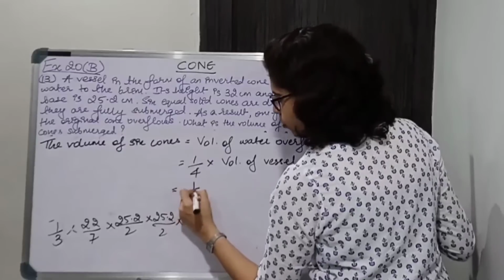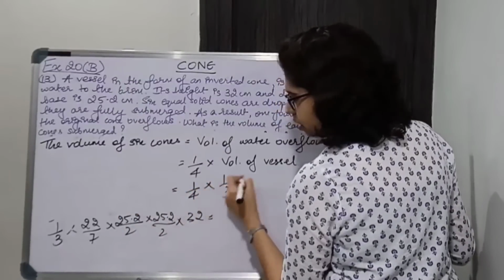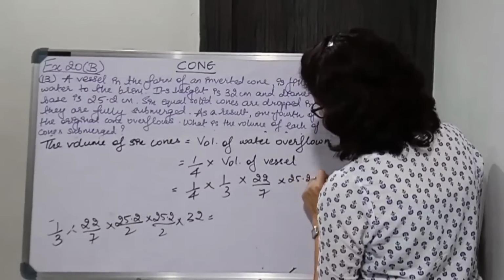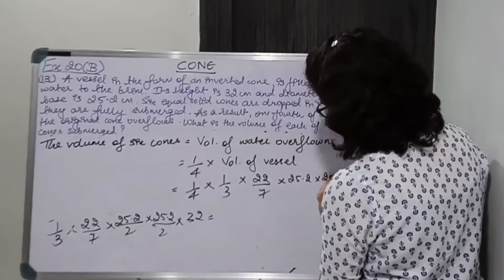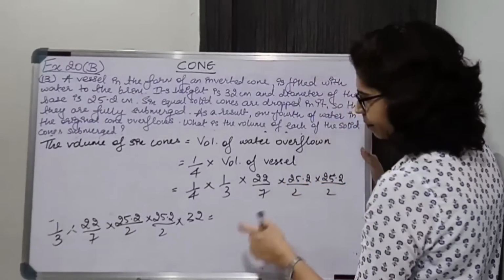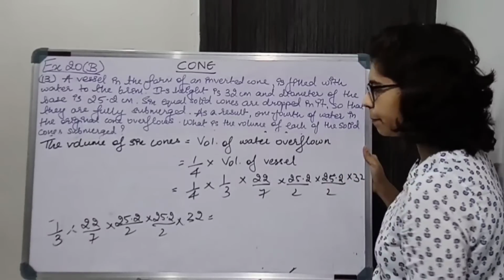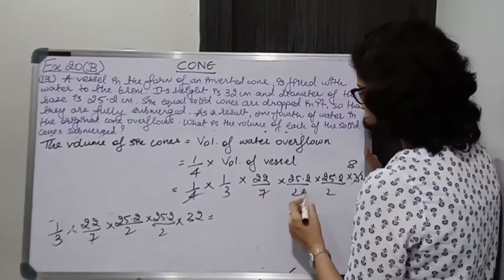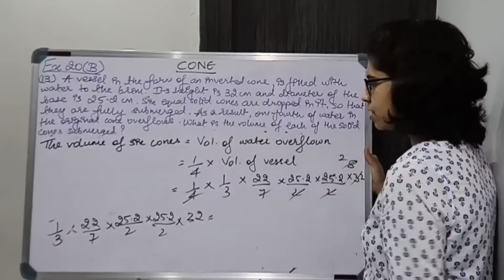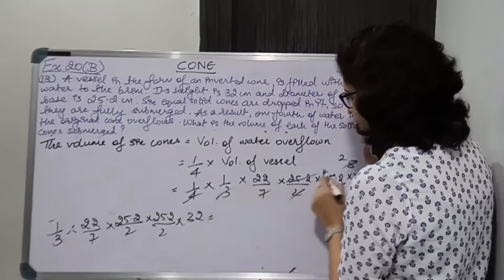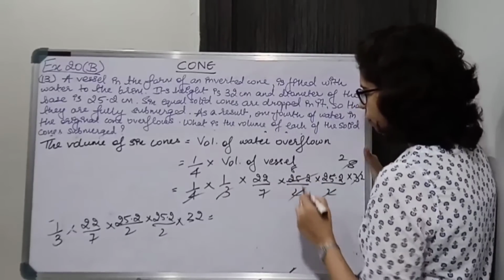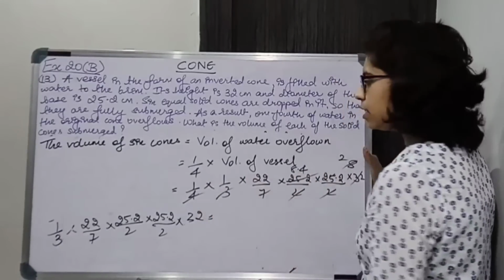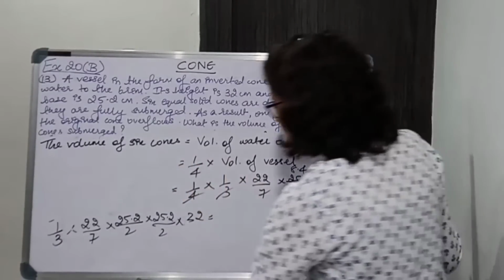That is 1/4 into 1/3 into 22/7 into 25.2 into 25.2 upon 2 into 32. Now 4 8s are 32, 4 2s are 8. This will also get cancelled. 3 8s are 24, 3 4s are 12. So we'll multiply these. This is equal to the volume of 6 cones.